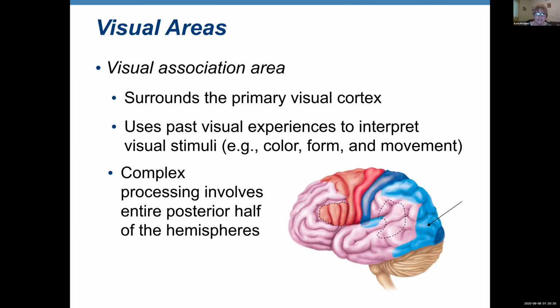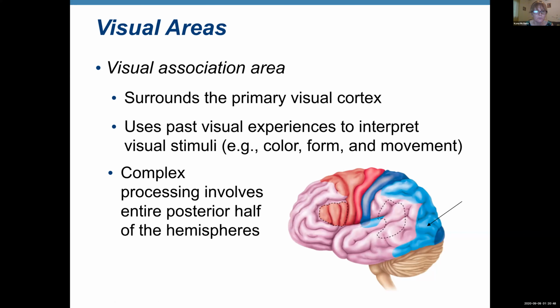We use the same primary visual cortex located in a similar area, but how we interpret it will be very different. This is how developed the association area is. So obviously we'll interpret it differently than, for example, your dog. And the visual association areas of the cortex are responsible for that.